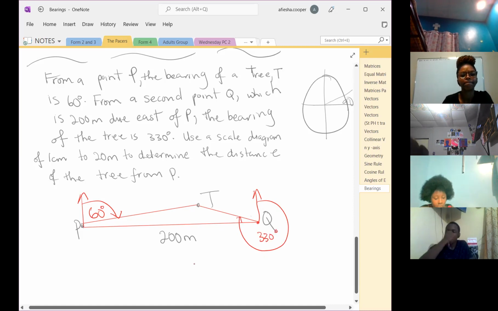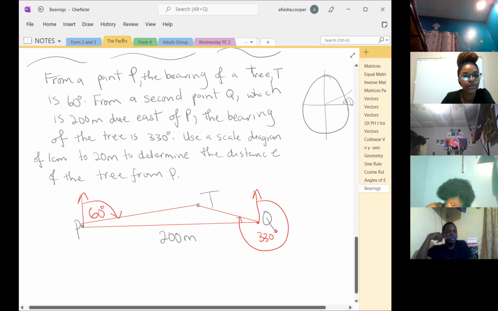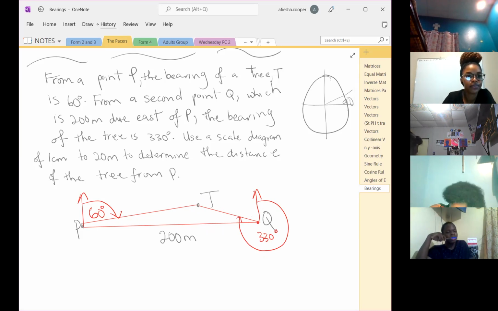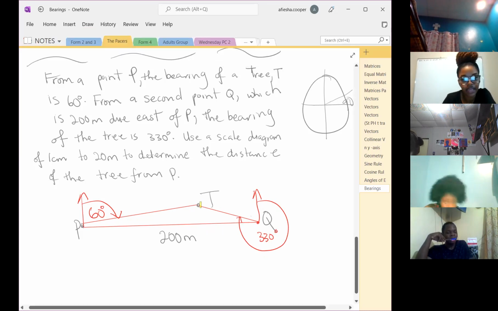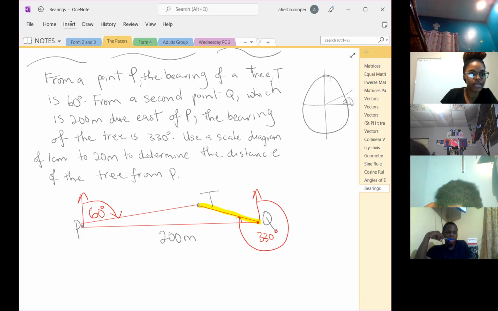So what do I know now? This is all the information they gave me. They want the distance from T to Q, which is this line here. The distance of the tree from P, sorry, so the next line.